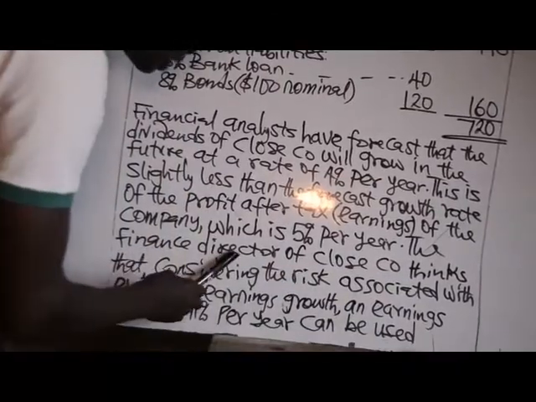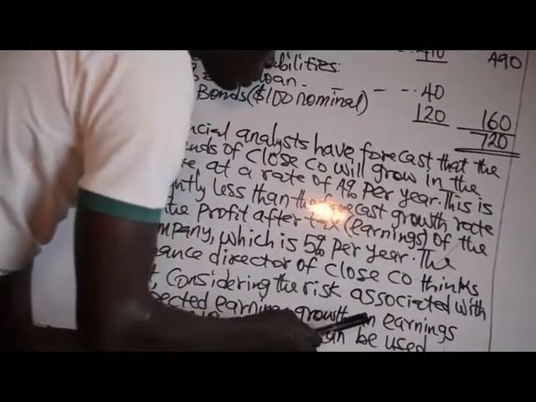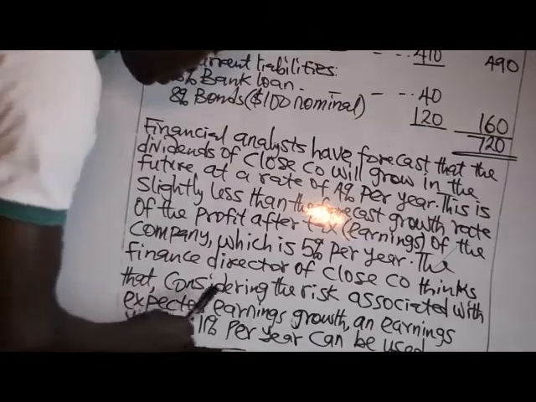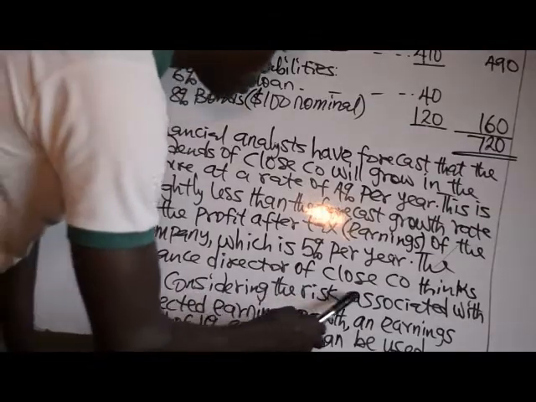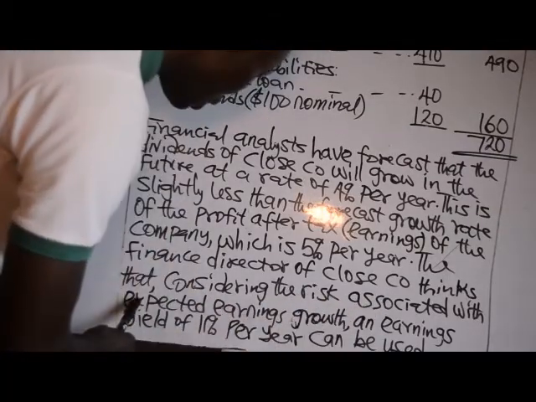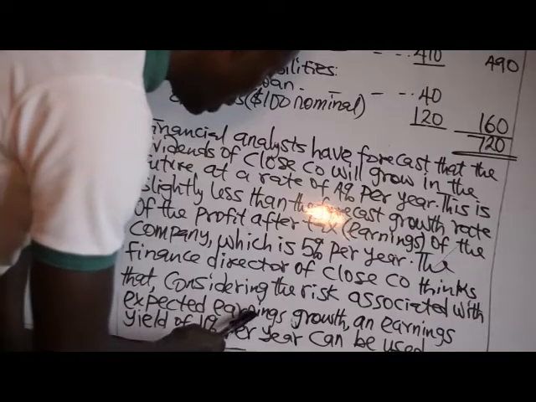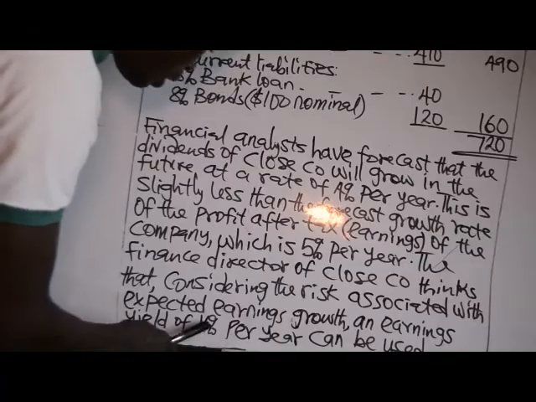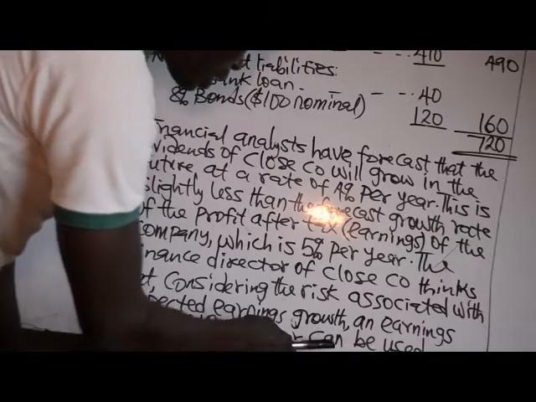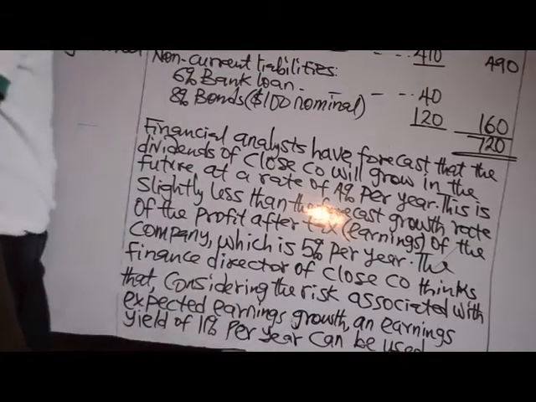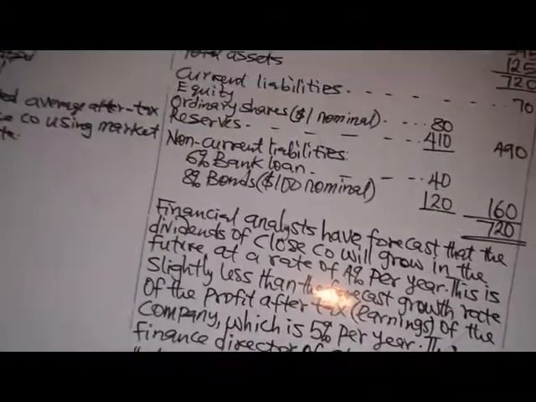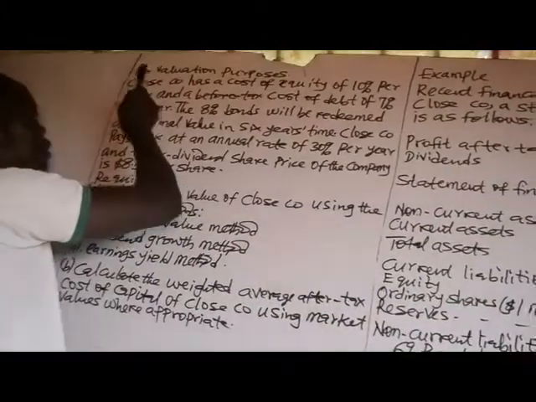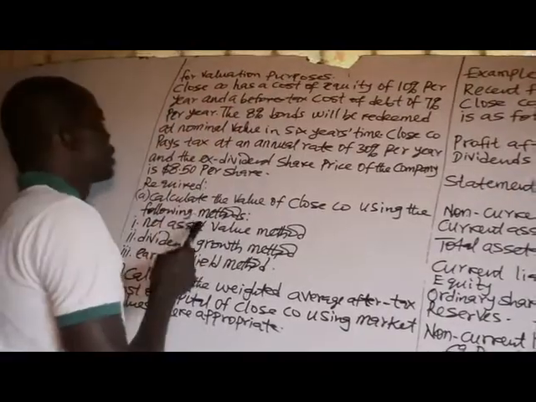The finance director of Close Co thinks that, considering the risk associated with expected earnings growth, an earnings yield of 11% per year can be used for valuation purposes.